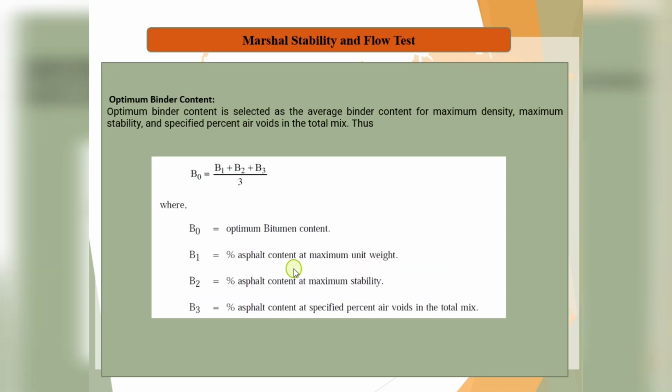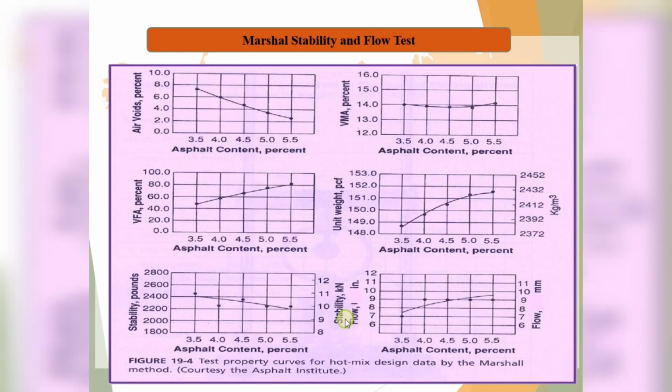After that, optimum binder content, which we need to find at the end of the result. Its formula uses V1, V2, V3, and B1, where B1 is the percentage binder content at maximum unit weight, same as with B2 and B3.